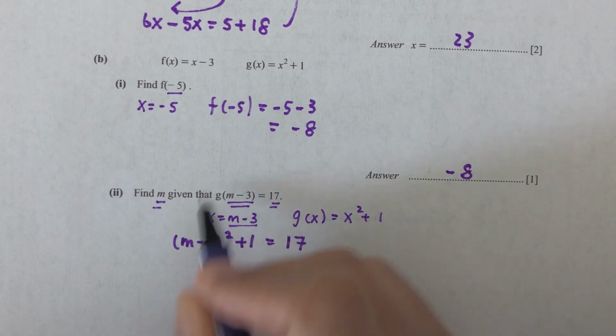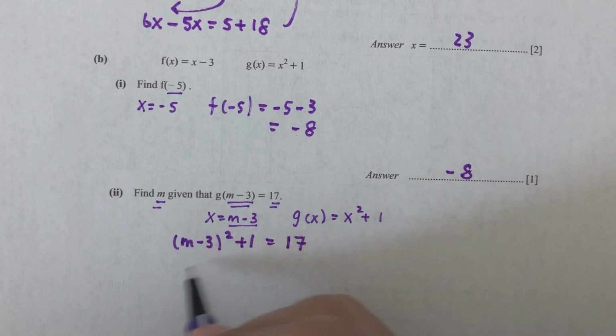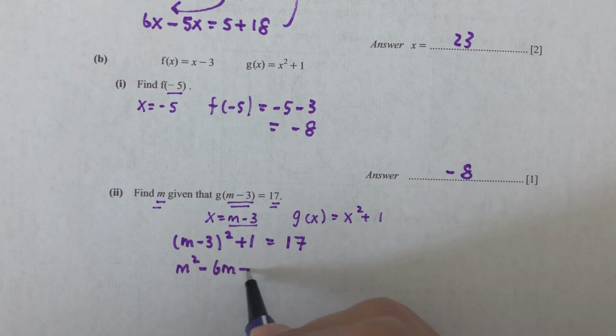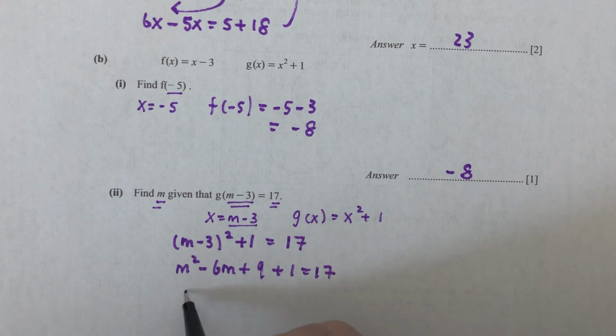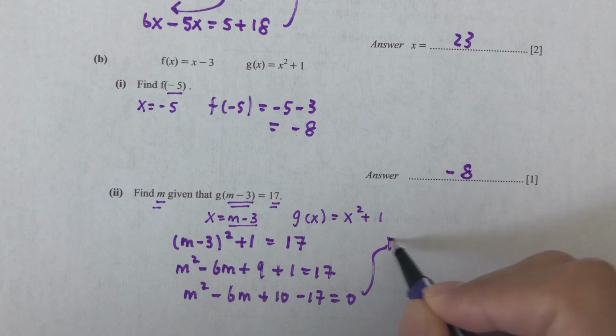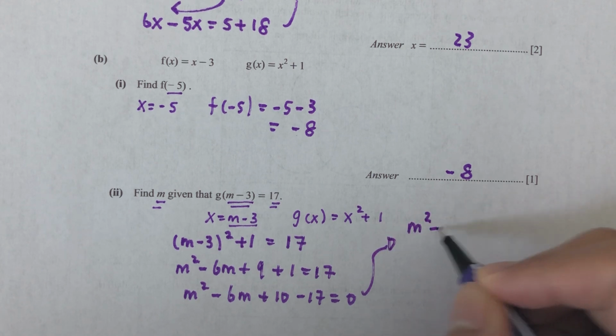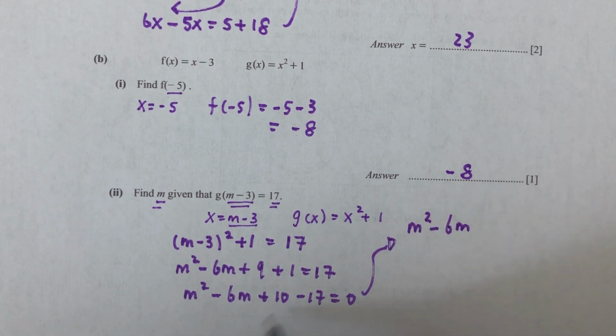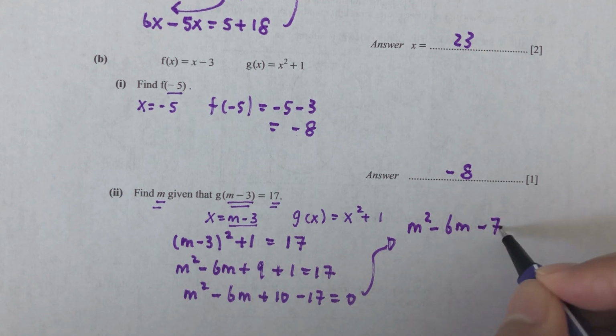This is given to us. Expanding this bracket, we have m squared minus 6m plus 9 plus 1 equals 17. So m squared minus 6m plus 10 minus 17 equals 0. Now 10 minus 17 will be minus 7, so m squared minus 6m minus 7 equals 0.